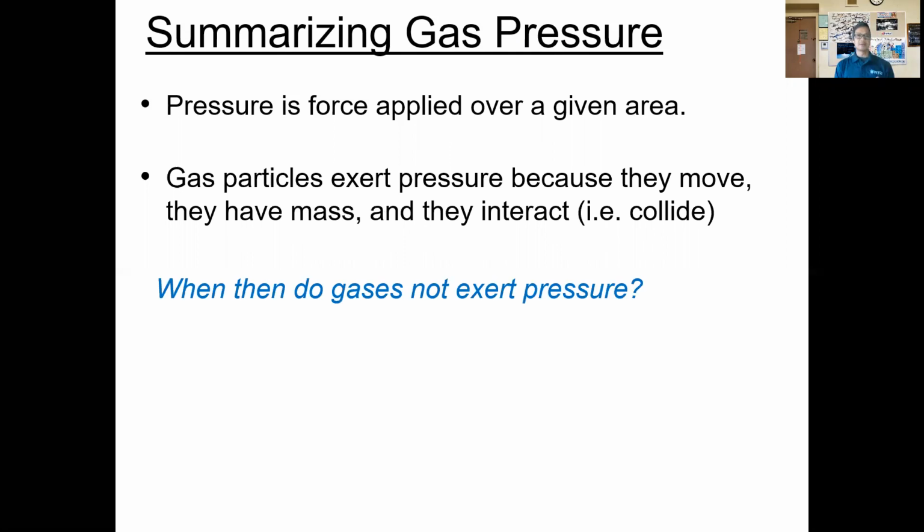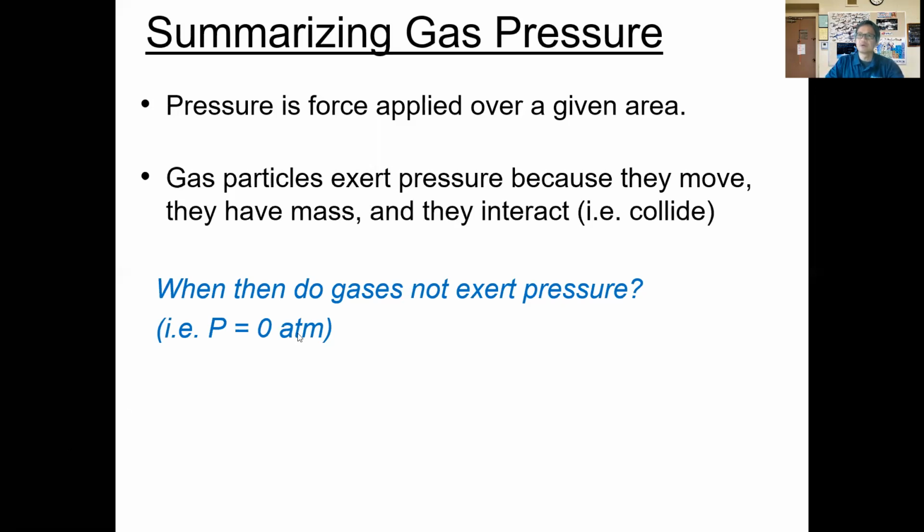So the question I want to ask you is this: at what point do gases exert no pressure? We know that gases exert pressure because they move, and as they move around, they collide and interact, so they exert a pressure. Are there conditions in which the gases exert no pressure, that is, where the pressure is 0 atmospheres?